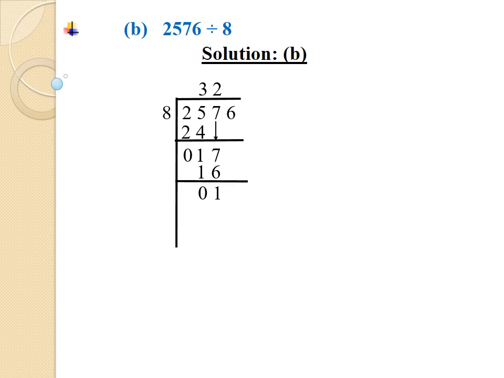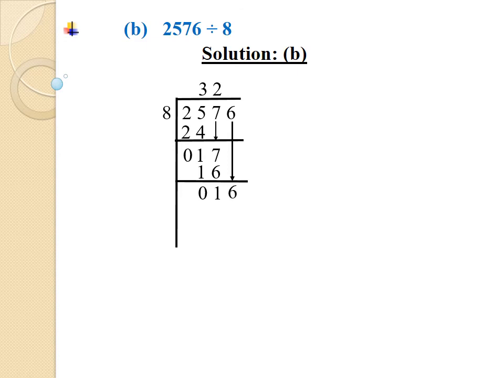Students, we got 0, 1 and we know that 0, 1 is 1 which is not divisible by 8. So now we have to bring down 6 and we have to write 6 after 1. Thus the number becomes 16.